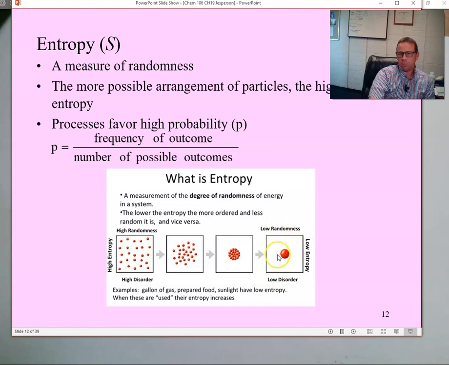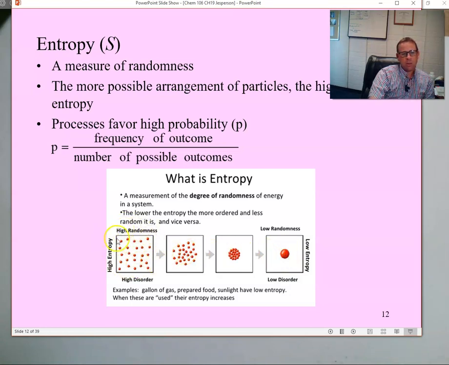All of the particles, members of the group, whatever they are, because this could be atoms, or molecules of gas or of solution, or even bowling balls, right? In terms of entropy, low entropy means there's lots of order, right?